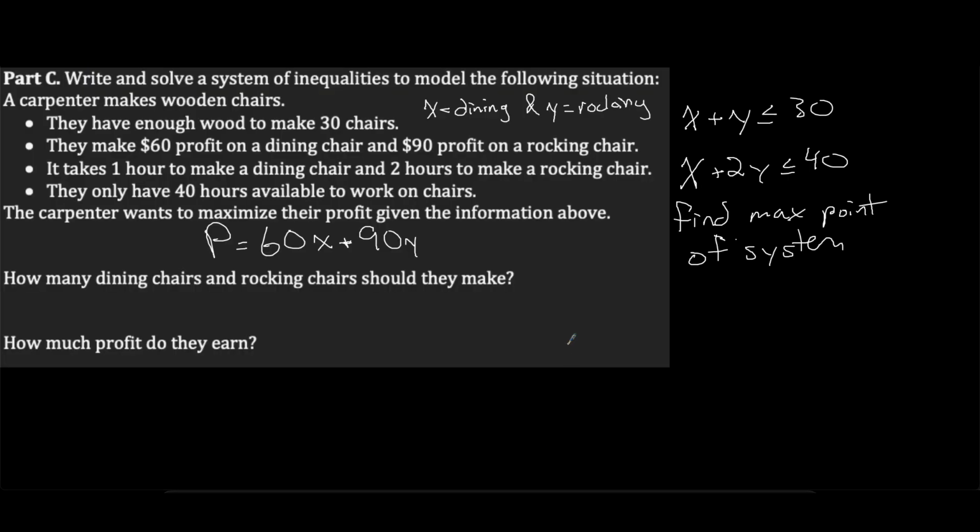So let me write that out. We found a solution at 20, 10. And what we're going to do is take that value and plug it into my profit equation. How many dining chairs? 20 dining chairs and 10 rocking chairs.